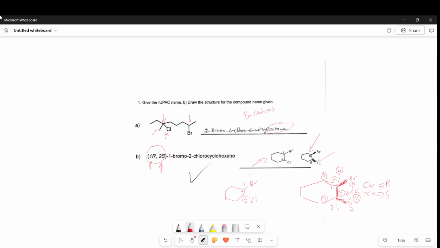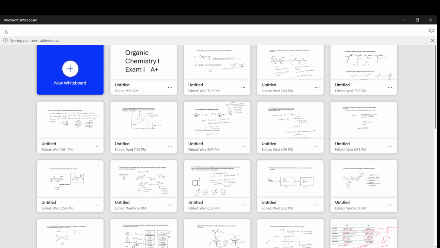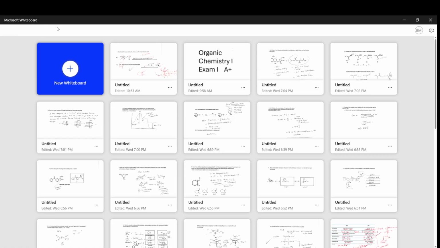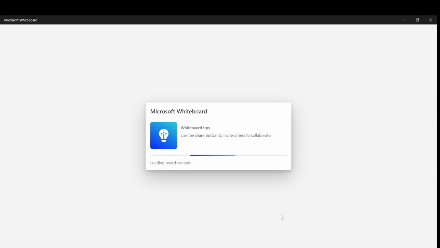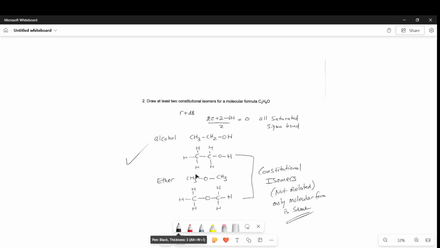So I'll pass now to the second question. This is the second question in the exam. It asks you to draw at least 2 constitutional isomers for a molecular formula C2H6O.